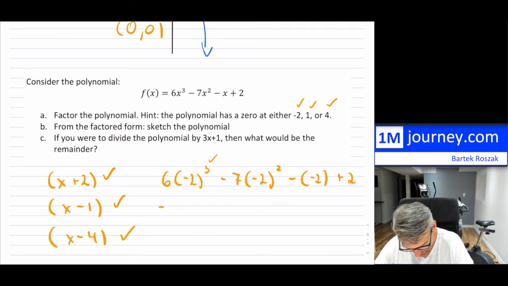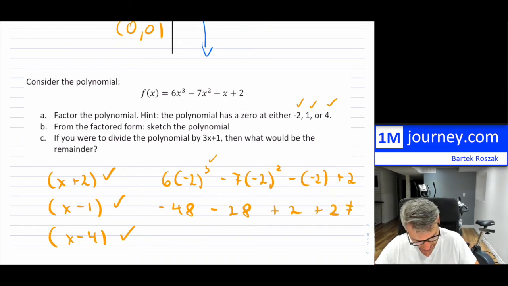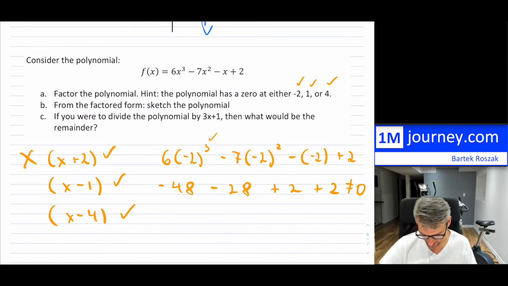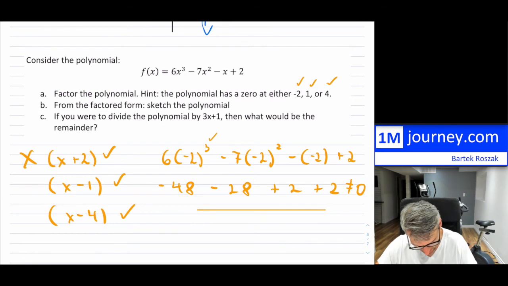This is the cube, so it's 8. 8 times 6, that's 48. 2, that's 4. 4 times 7, 28. Plus 2. Well, this definitely is not 0. We're looking for 0, so it can't be this, unless I've done something wrong, but I don't think so in terms of the arithmetic.